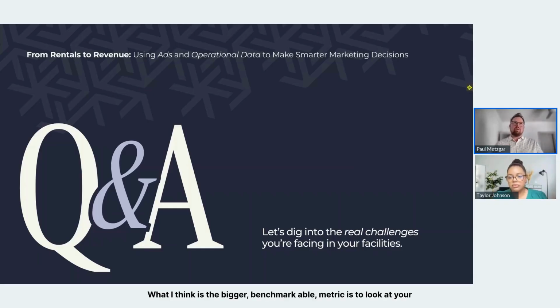What I think is the bigger benchmarkable metric is to look at your cost per acquisition of customers. So looking at your monthly spend on your marketing package, right? Looking at your Google ad spend, any management fees, things like that, and trying to understand how that plays into your average lifetime value of a customer.